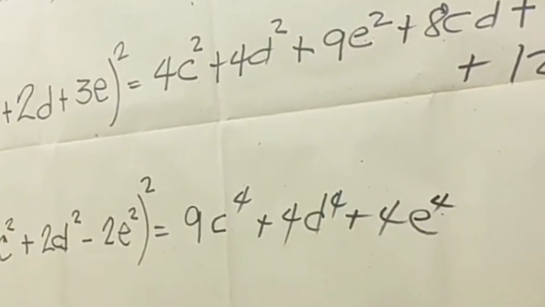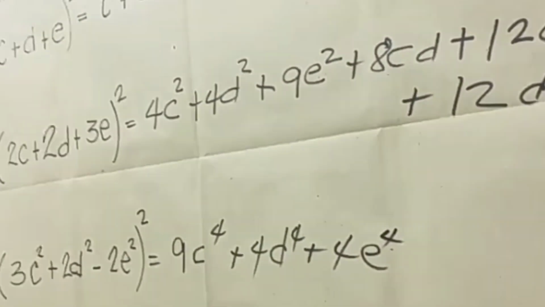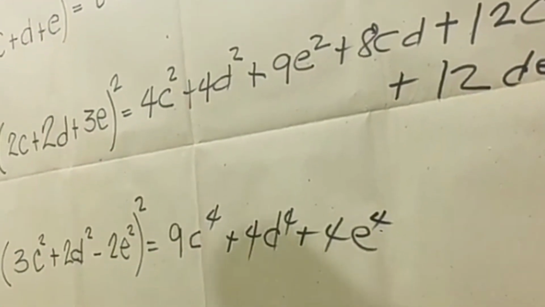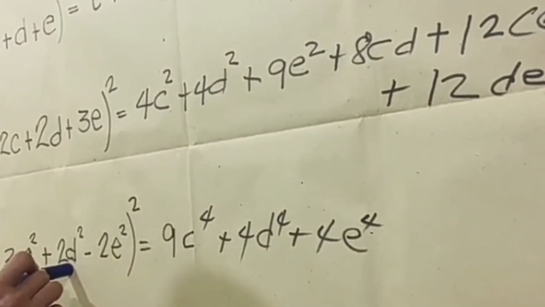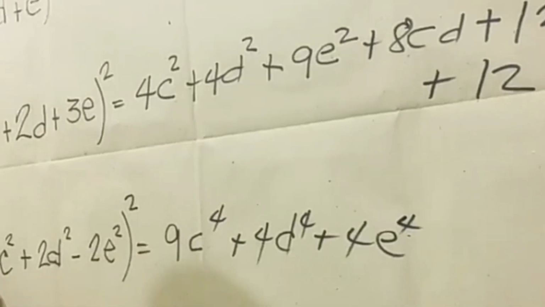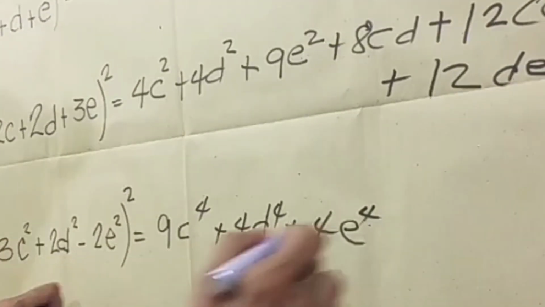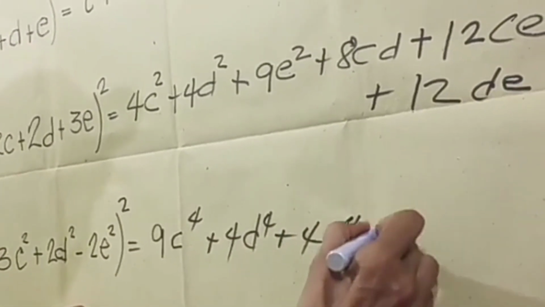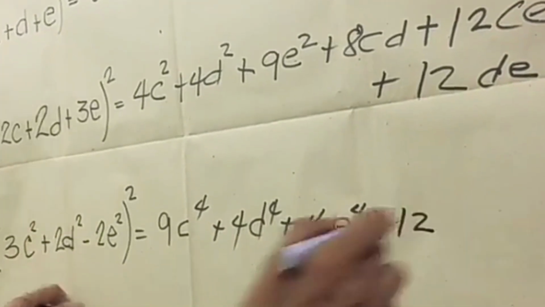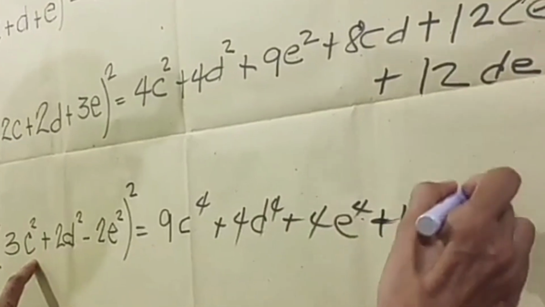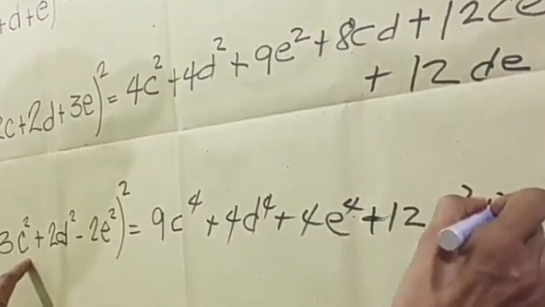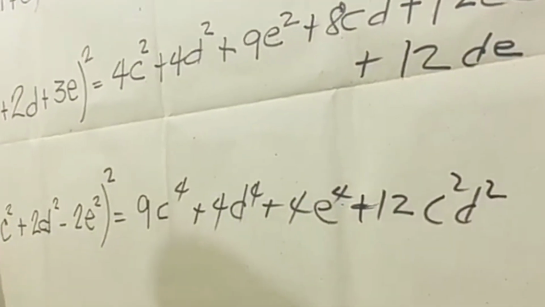And the next pattern is we have to multiply the exponent, the first term, and the second term. That's why we have 2 times 3, 6, times 2 is 12. We have positive 12. The variable C and D copy only. The next is the first and the last term.